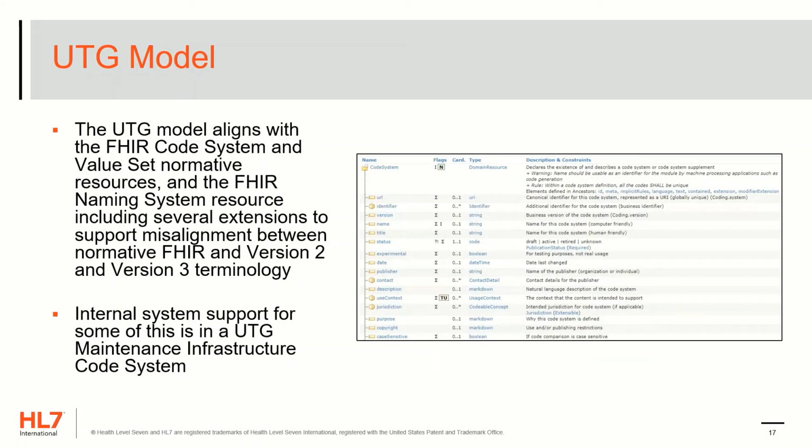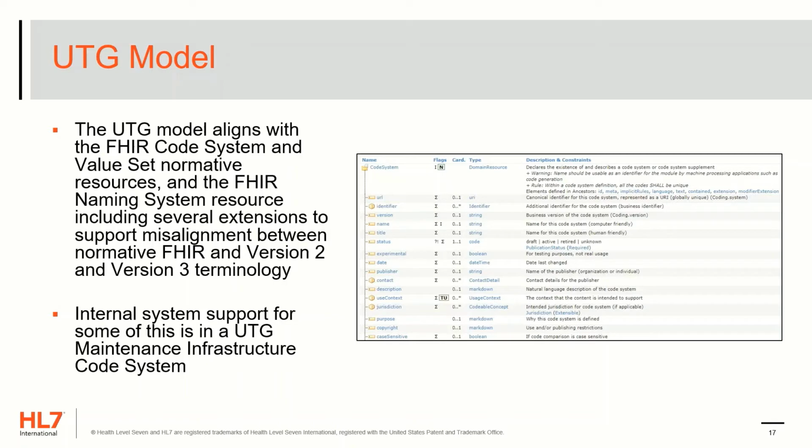The UTG model provides a common architecture for all HL7 content in a familiar format. The UTG model aligns with the definitions of the FHIR normative code system and value set resources, the FHIR naming system resource, and the FHIR list resource. In addition, a set of UTG-specific extensions and properties have been identified to support alignment between FHIR and the v2 and v3 terminology models.